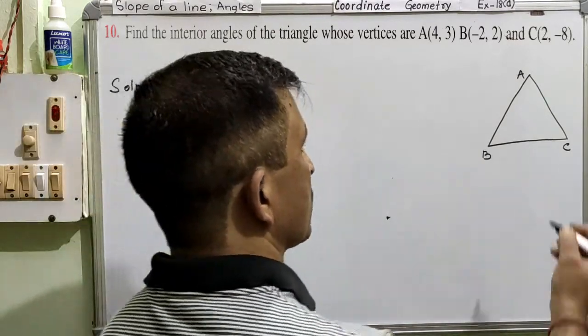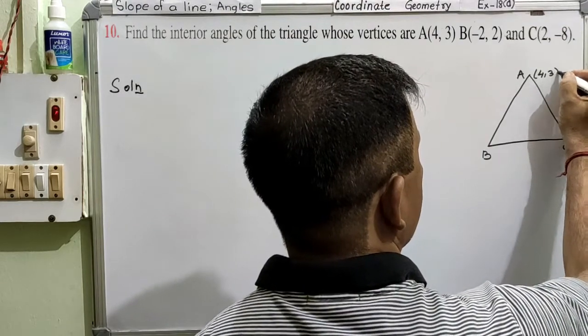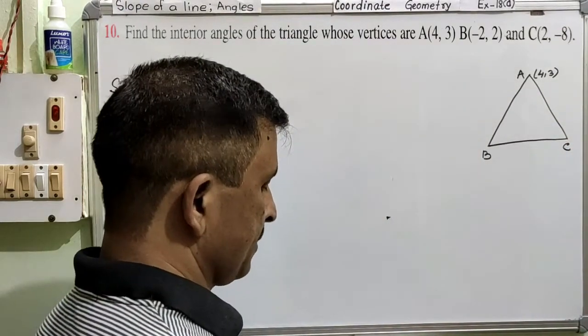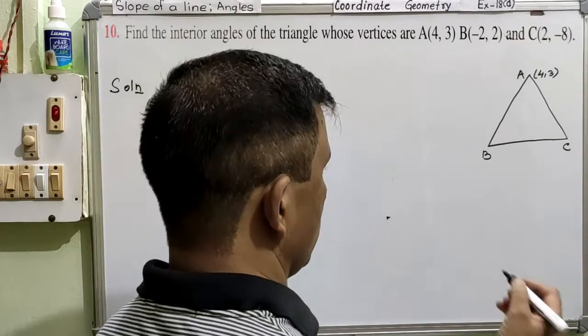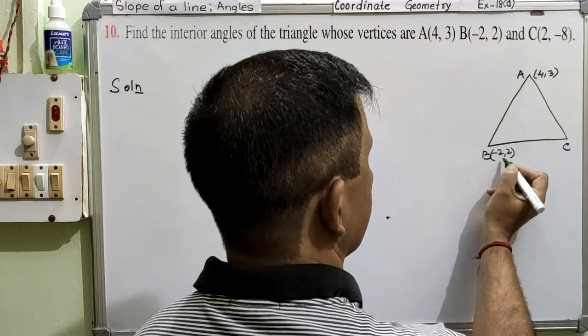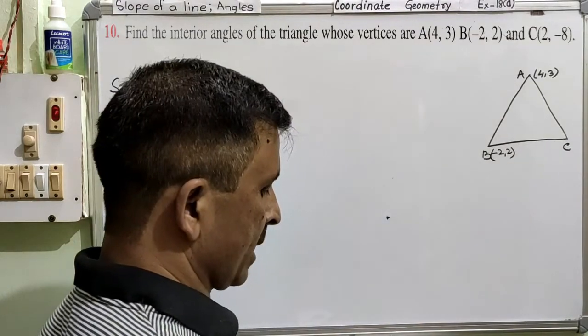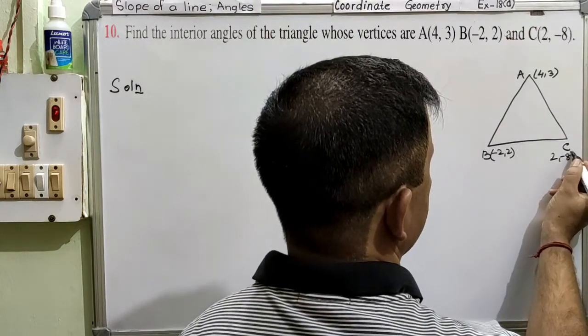Is it okay? So the coordinate of A is 4 and 3. Coordinate of B is negative 2 and 2. Negative 2 and 2 is the coordinate of B. And then the coordinate of C is 2 and negative 8.